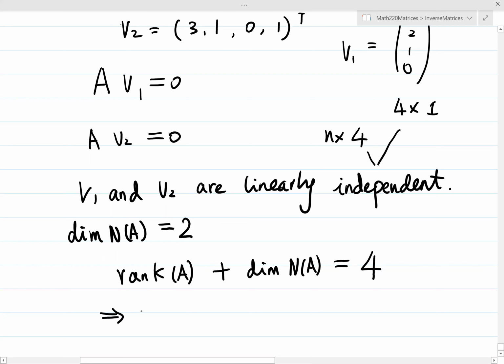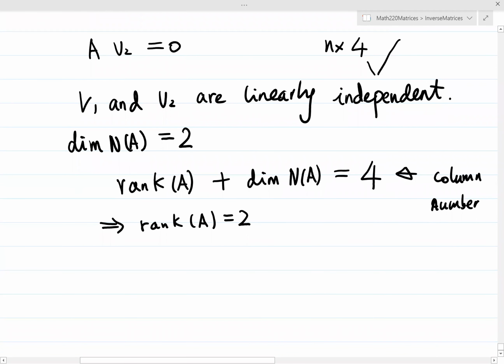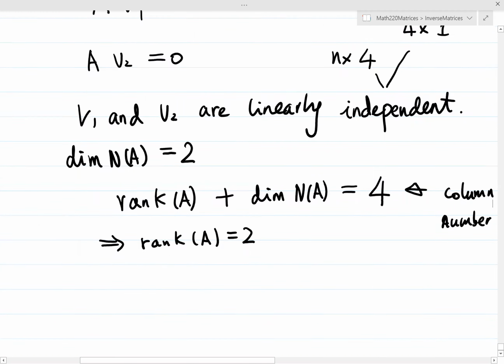So rank A should be 2. This 4 comes from the number of columns of A. Now A has rank 2.